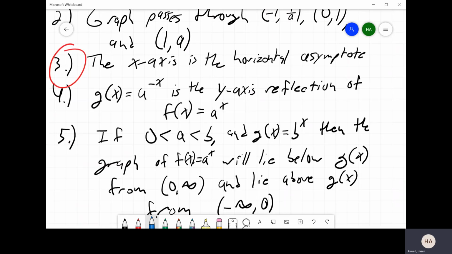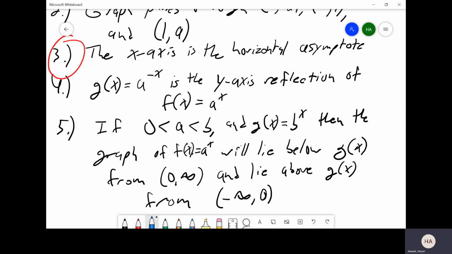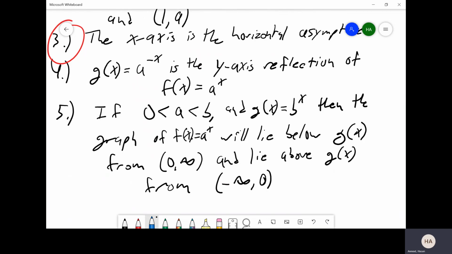And last but not least, and this is the one that we'll probably have to show in just a second, it's not going to be that intuitive, but we'll read through it anyway. Assuming you have two numbers, a and b, and they're both positive, you have an exponential function g of x equals b to the x, so your larger number.